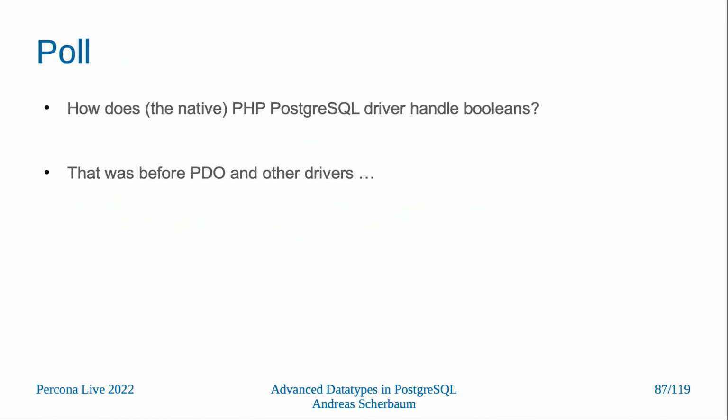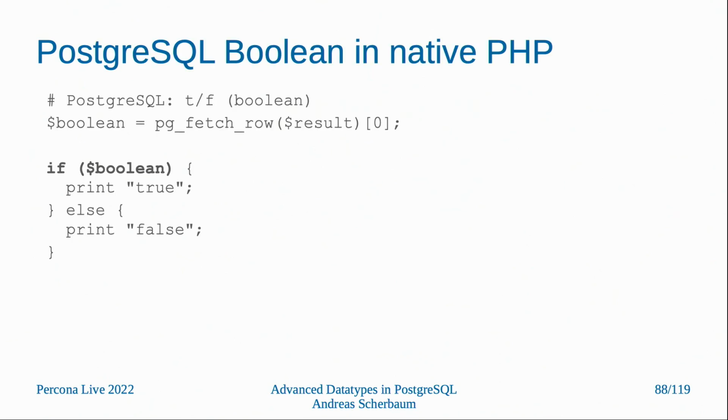One example we did a couple years ago is how does the native PHP Postgres driver handle Boolean types? Anyone knows? Well, it doesn't. The nice thing, everything for the native PHP driver is just text. This is before PDO came around, all the other drivers.